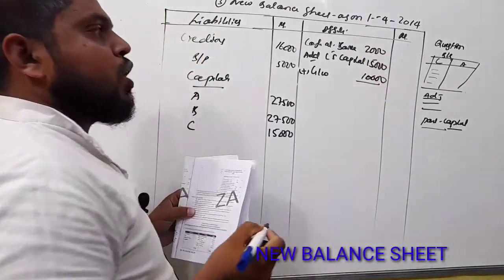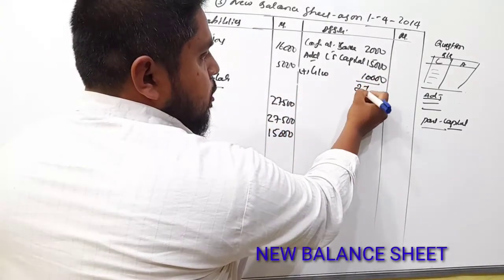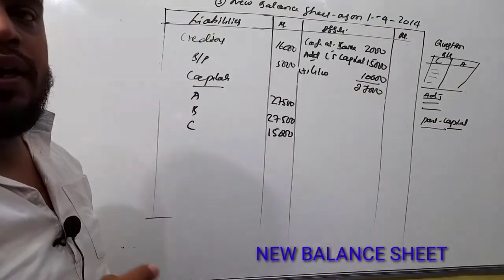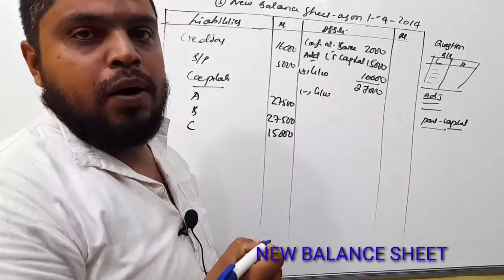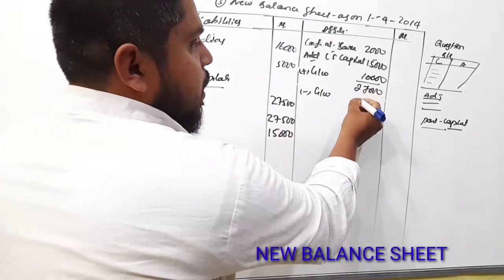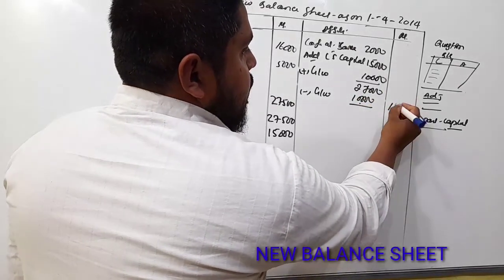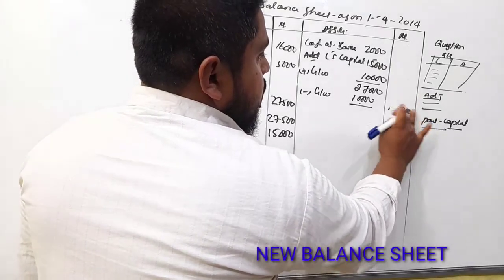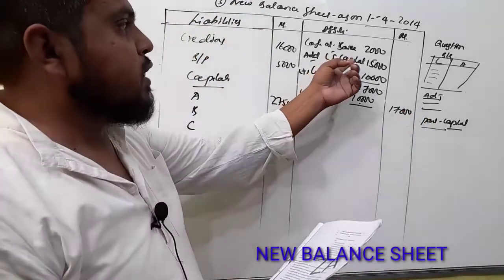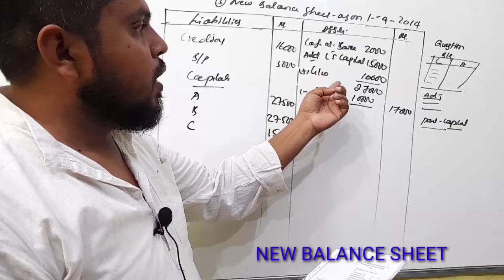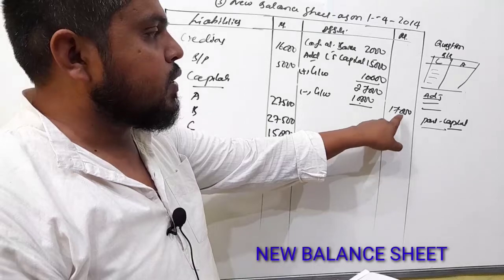So the total is 2,000, 15,000, 10,000, that is 27,000. As per case 1, the goodwill amount you have to minus. That is goodwill withdrawn by the old partners, 10,000. Total 17,000. This is very important here: cash at bank plus new partner's capital plus goodwill and minus goodwill. So the total is 17,000.